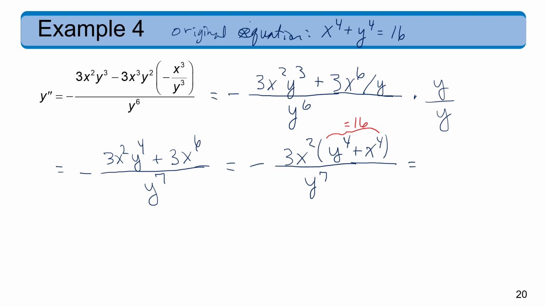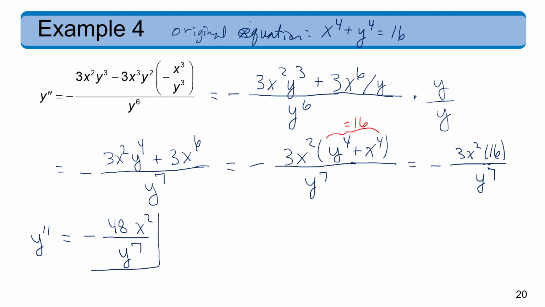Okay, so making that substitution, we have negative 3x squared times 16 over y to the 7th. And then the final simplification, we'll say y double prime equals negative, and in the numerator, 3 times 16 is 48. So we have negative 48x squared over y to the 7th. So it was just kind of lucky that we were able to make that substitution in the parentheses by using the original equation. I wouldn't expect that you do that on a test. It's just that you could have stopped earlier in the simplification process.